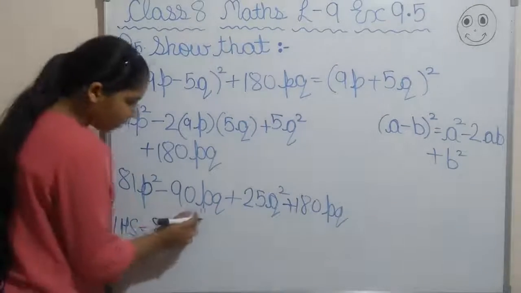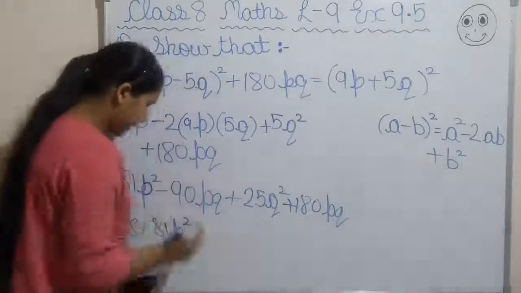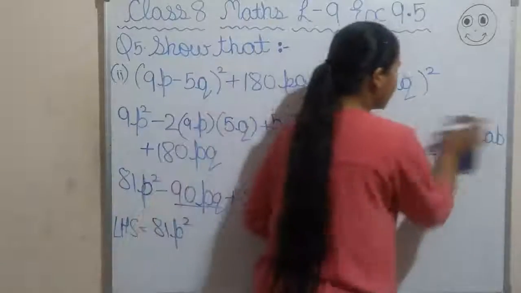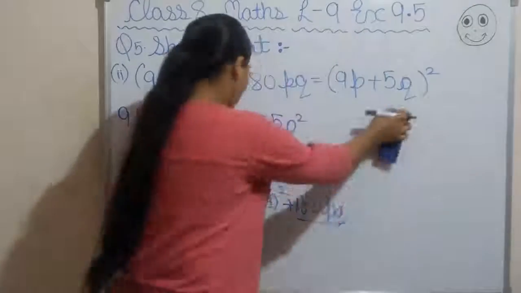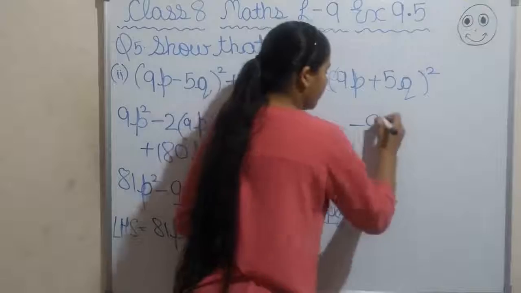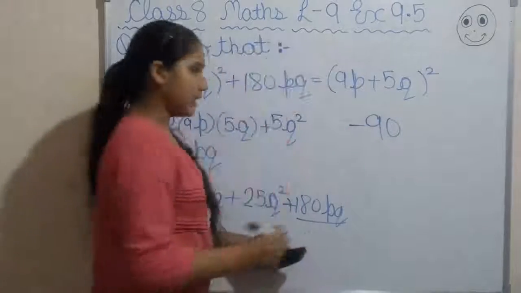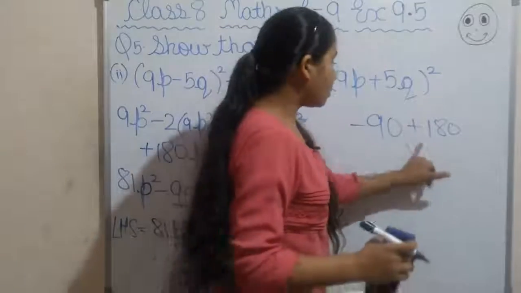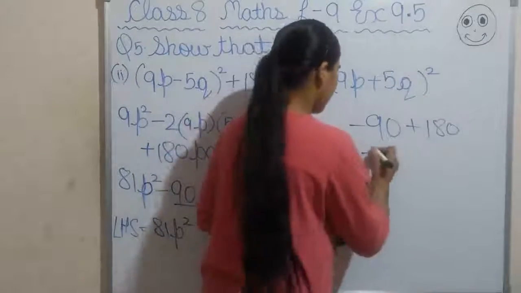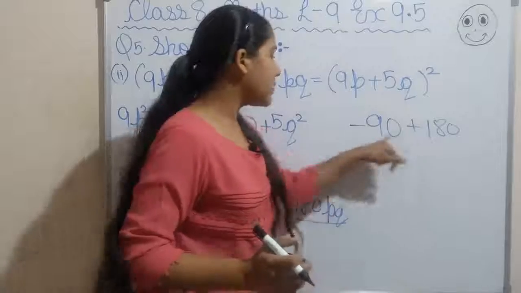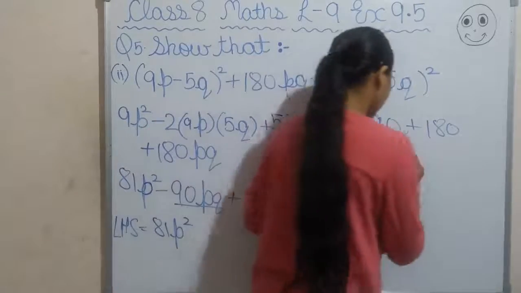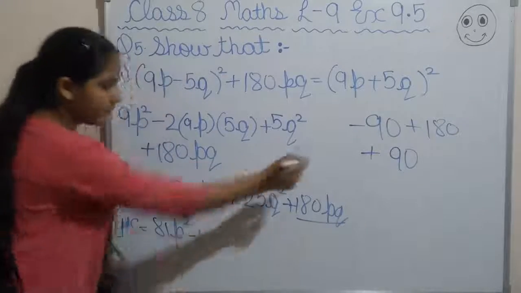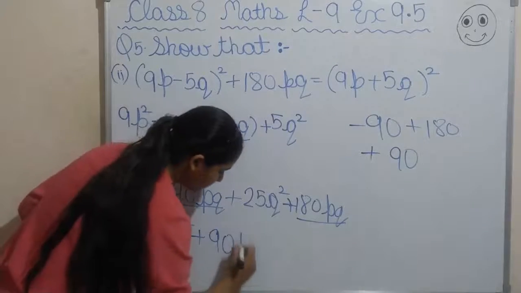Then pq has a pair: minus 90pq and plus 180pq. The bigger number is 180, so the sign will be plus, and 180 minus 90 is 90, so plus 90pq.